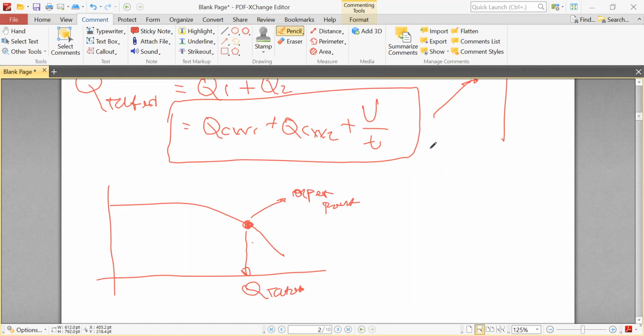You can also put this value in this one. So now you can specify how much the Q rated is that your pump should transfer.